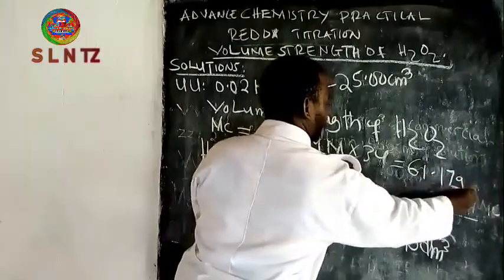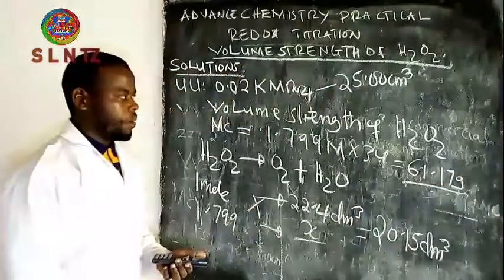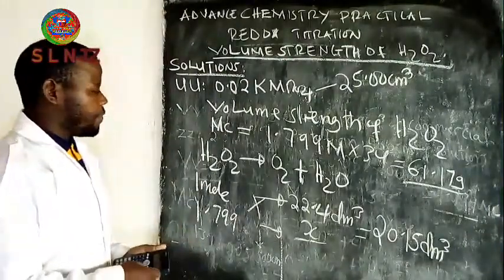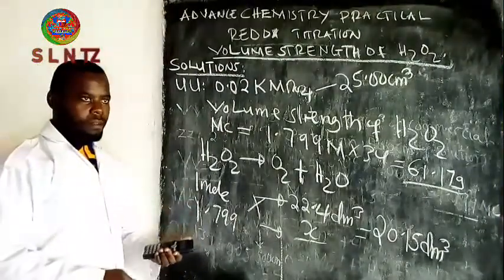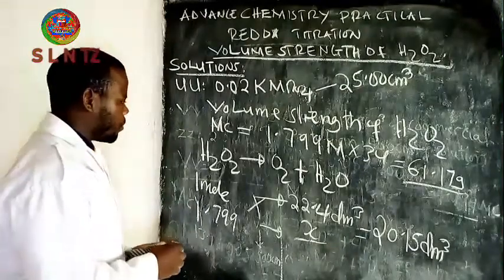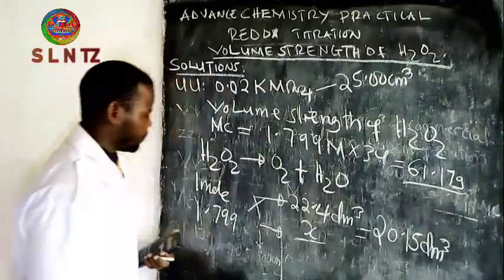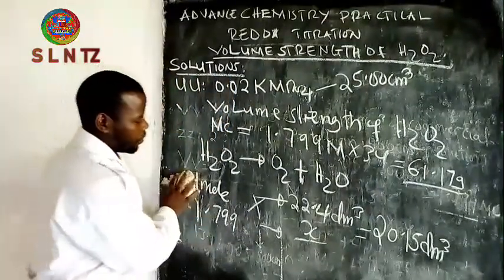This is in gram per mole. So it means even when you are going to use mass, you are going to change this one. In that case, you calculate in this way.